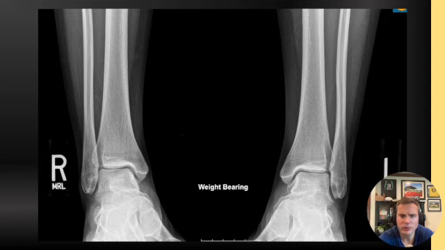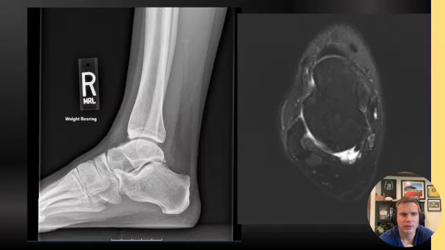She feels a little loose, a little bit unstable, but the presentation isn't as clear as you might expect when you see her in clinic, because she's describing some pain, and I wouldn't expect the squat to be overly limiting when it comes to being able to trust your ankle. But this is her ankle X-ray, and the lateral X-ray shows a little bit of chronic changes.